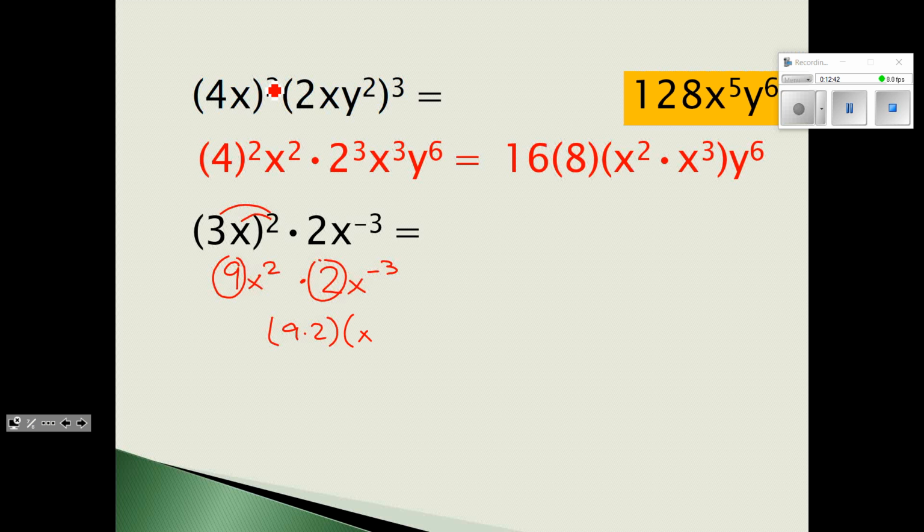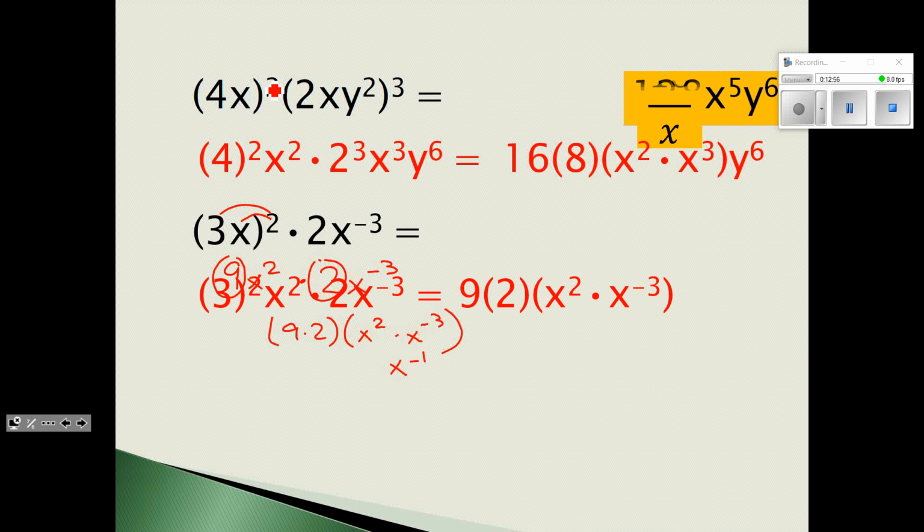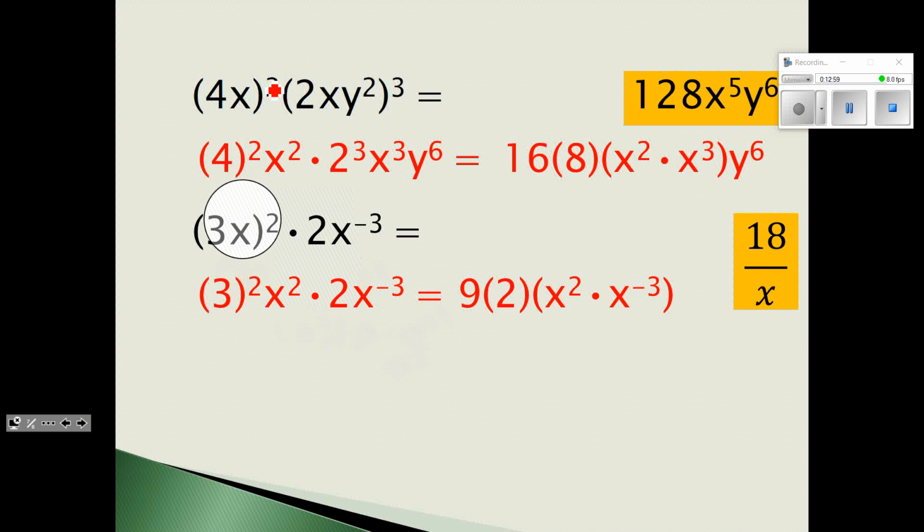And then we can group together our bases of x, which is x squared times x to the negative third power. 9 times 2 is 18. We know to add these exponents, so that'd be x to the negative first power, which has to be moved downstairs. So when it moves downstairs, we have 18 divided by x.